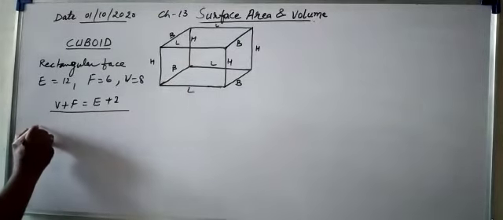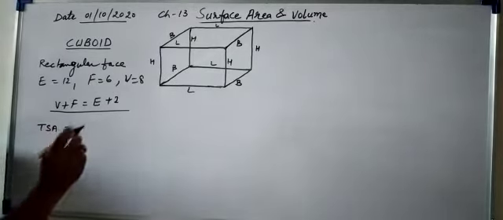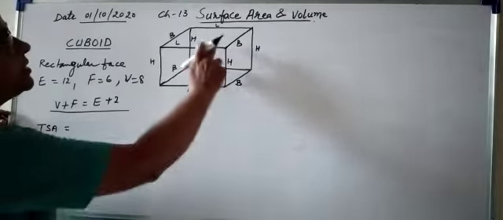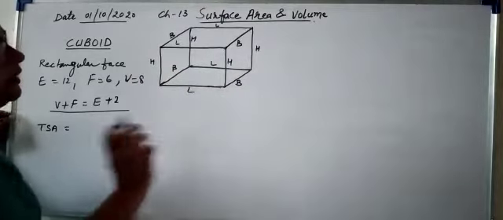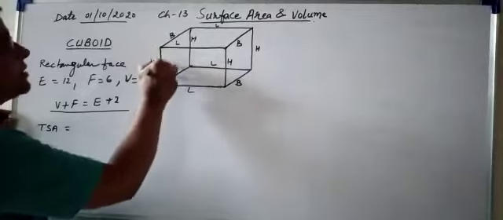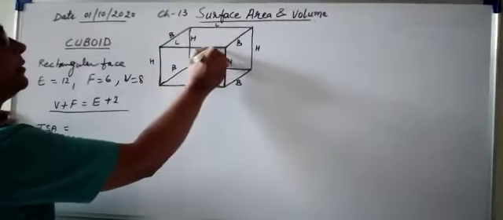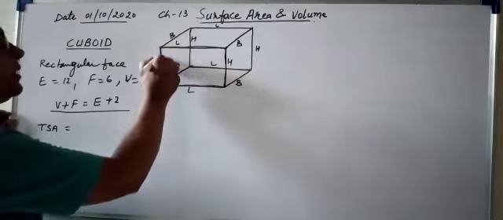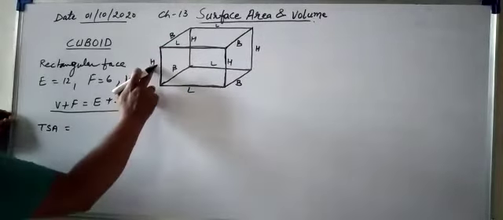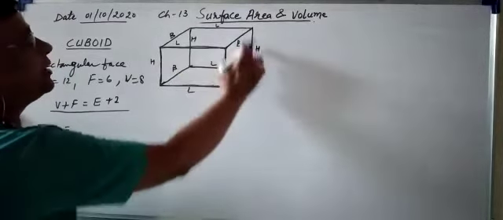So now we will find the TSA of the cuboid. As you know, all faces are rectangular and the area of a rectangle is length into breadth. Suppose we take this front face, this is length and this is breadth. So you have length into breadth, height into breadth, and height into length.